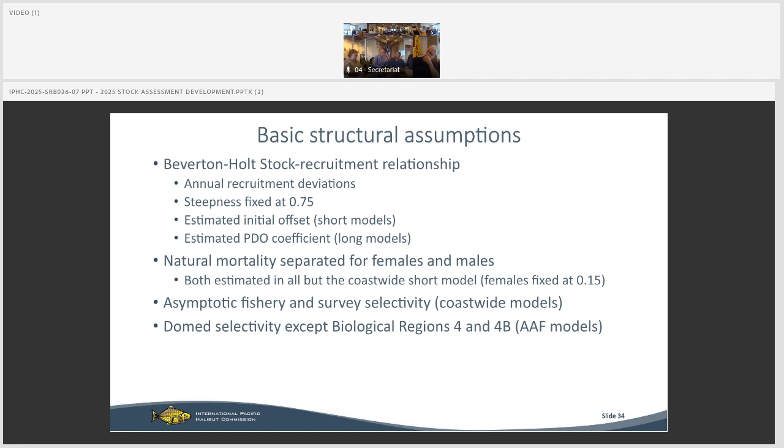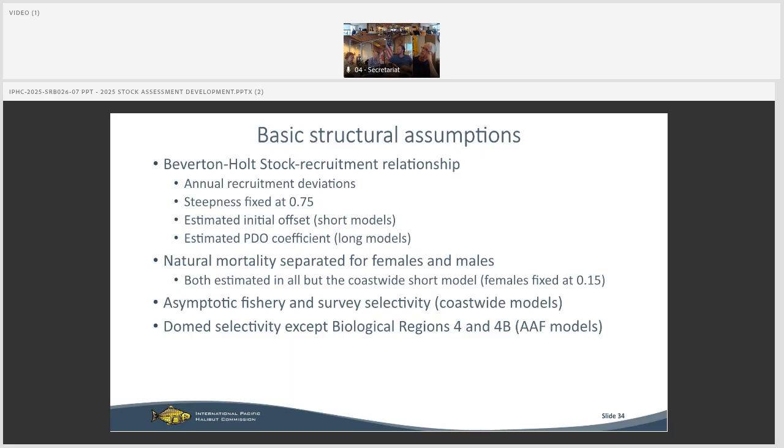Yeah, so I guess the takeaway from this, and you'll see later on, is that the stock recruit relationship doesn't really have much of an effect on the stock assessment. It's most important in the projections. We cut the tactical projections off at 3 years to avoid extrapolating to recruitments that we've never seen before.